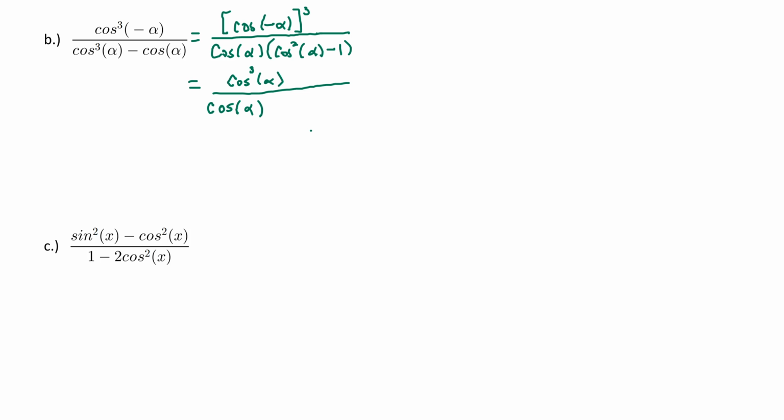Now, working on this factor right here, notice we have the combination of the square of a trig function and 1. Let's think about our fundamental Pythagorean identity. Sine squared of alpha plus cosine squared of alpha equals 1. I want to make the left side of this equation match the factor that I have right here.